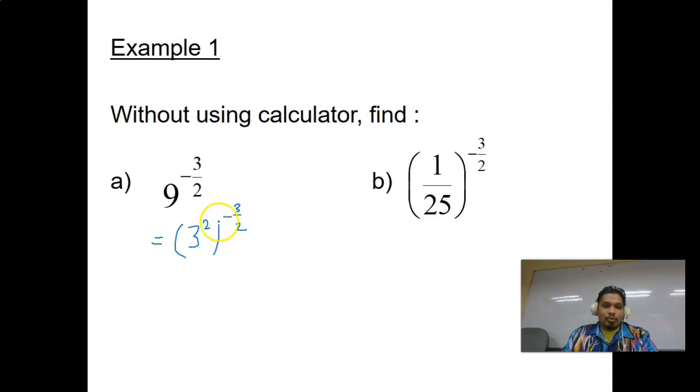So 2 times negative 3 over 2, the 2s cancel, and it gives you 3 to the power of negative 3. That is 1 over 3 cubed, which is 1 over 27.